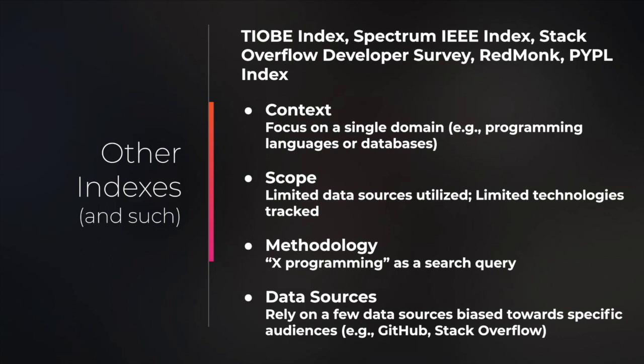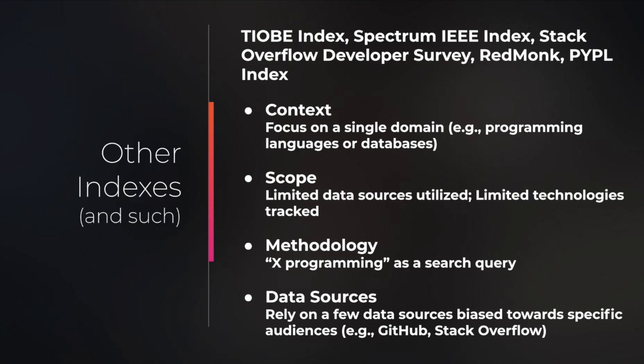In order to keep it more doable, they limit the number of data sources they utilize. The more data sources you use, the more API connections, more scrapers, and things just get more brittle and hard to maintain.